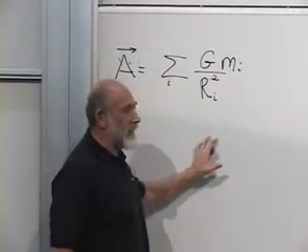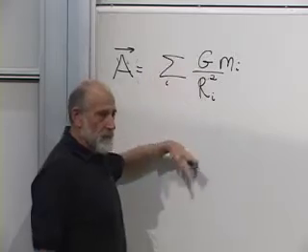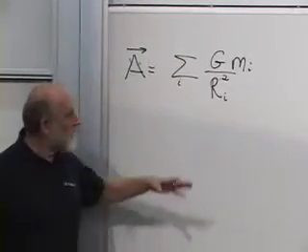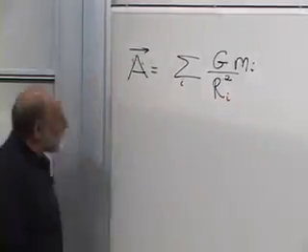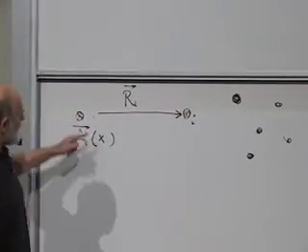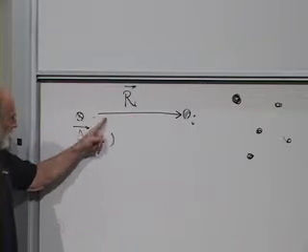But none of the things that are written here are vectors. G is a number, m is a number, and r is the length of a vector. Its square is just a number. There's no vectors on the right-hand side, so there's got to be something wrong with this equation. What's wrong is I have to remind myself what direction the acceleration is.